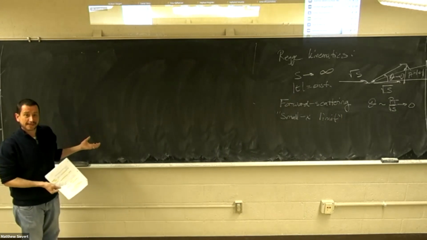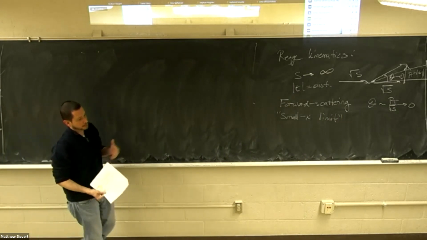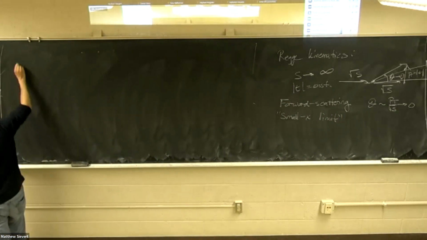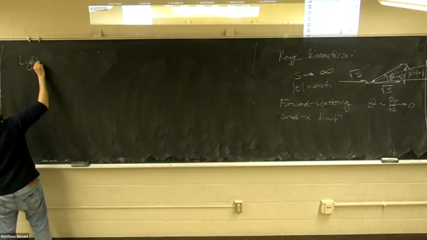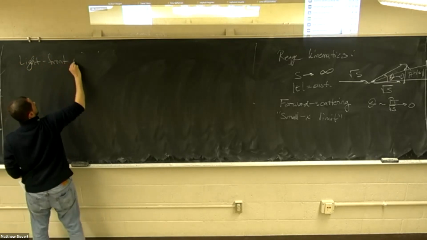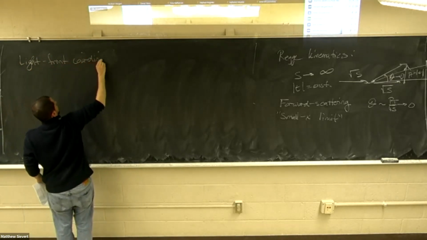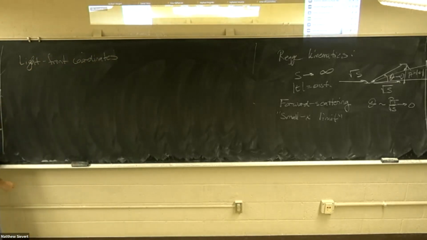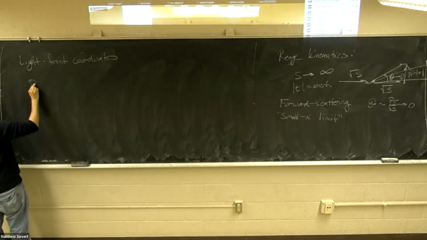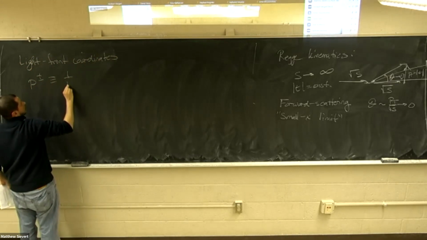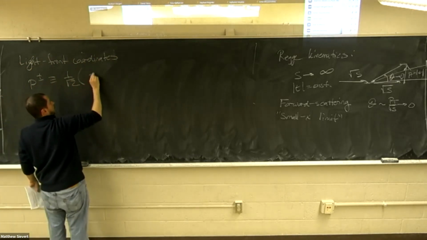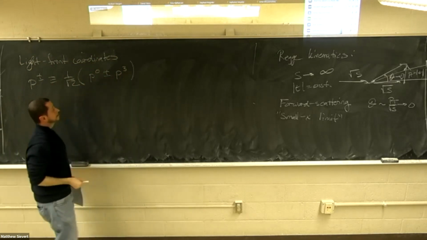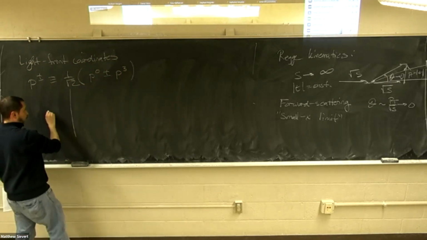For a high energy scattering process, the easiest way to describe the kinematics is in terms of light front coordinates, also called light cone coordinates. These are defined as a linear combination of the time-like and longitudinal space-like components. It's basically a rotation of your coordinate system.